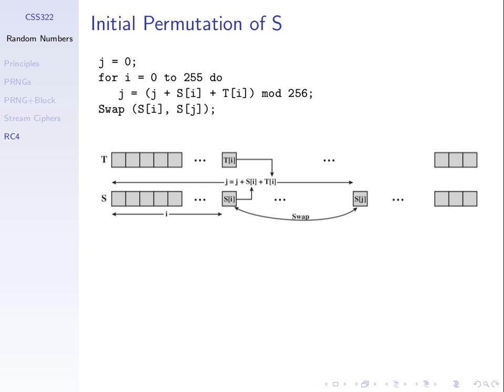So it's not going to be 0 to 255 mod 256, it's going to be from 0 to 7 mod 8 to keep the thing small. So what we do for I equal to 0, calculate the new value of j, where j equals the old value of j, 0, plus s0 in our case, plus t0. S0, our state vector, is 0. T0 is 1.